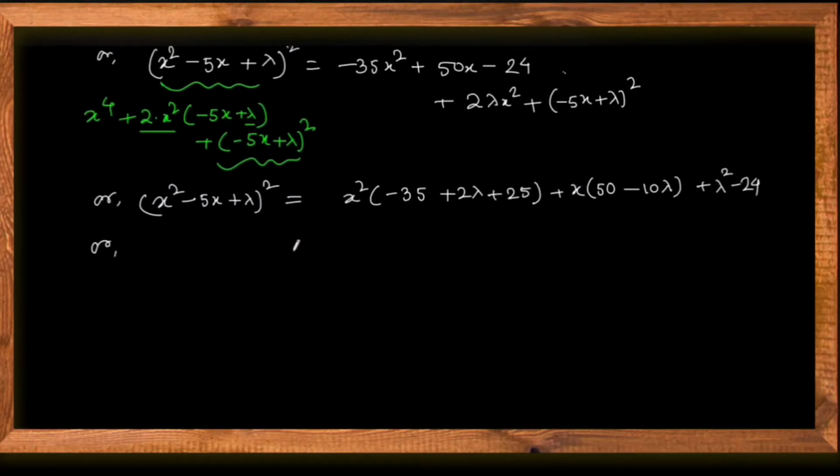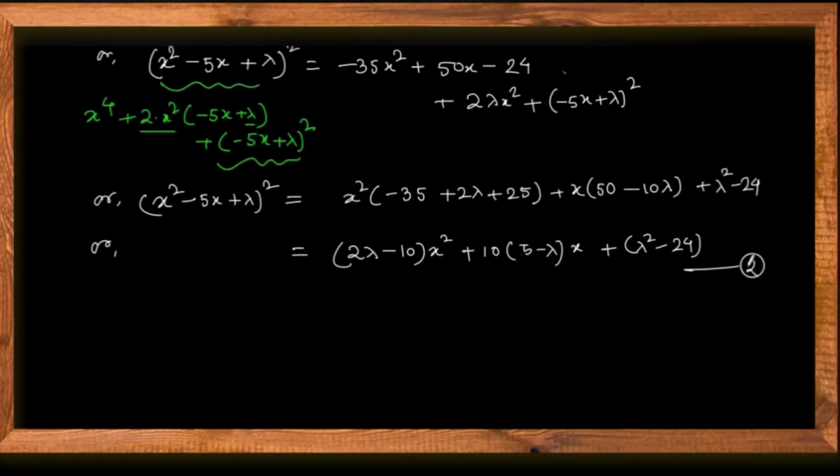Or we can write this as (2 lambda minus 10) x square plus 10 times (5 minus lambda) x and then plus lambda square minus 24. Name it equation 2.